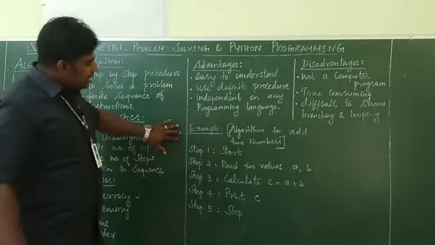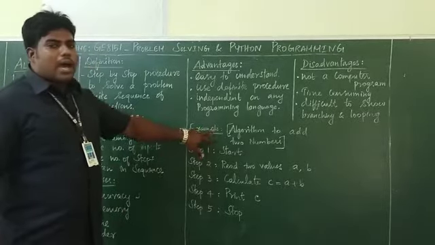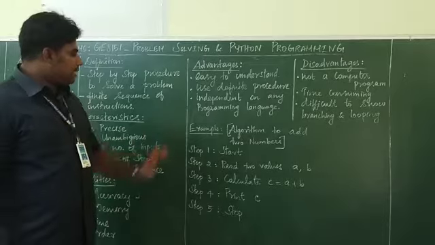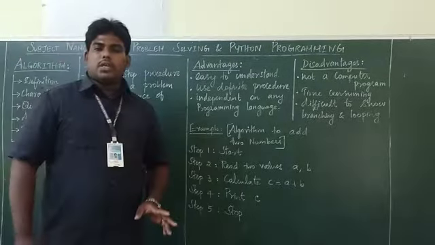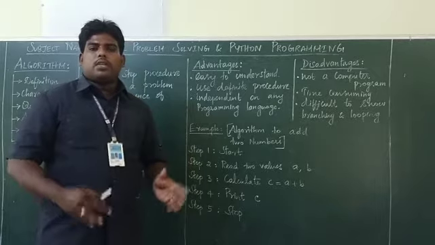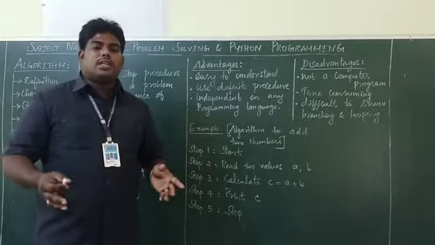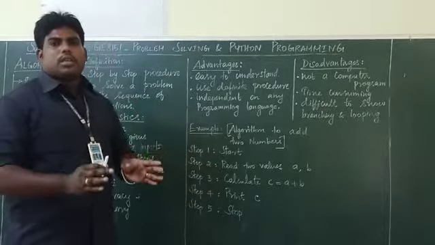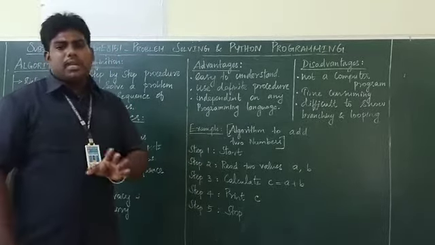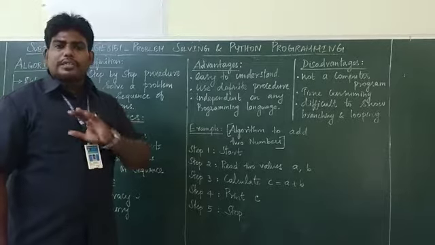So what's the example here? Algorithm to add 2 numbers, a simple example. So how do you add 2 numbers? You have to take 2 numbers as input, then add them, calculate, then display the answer. This is the step, right? The same thing you have to write in simple English, that's enough.